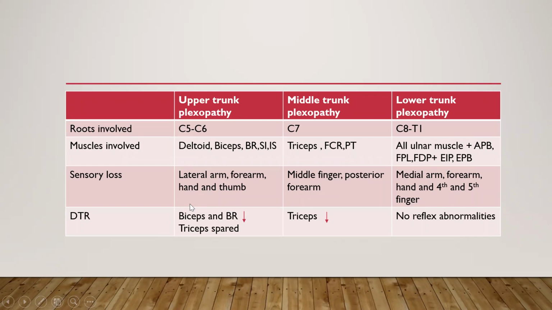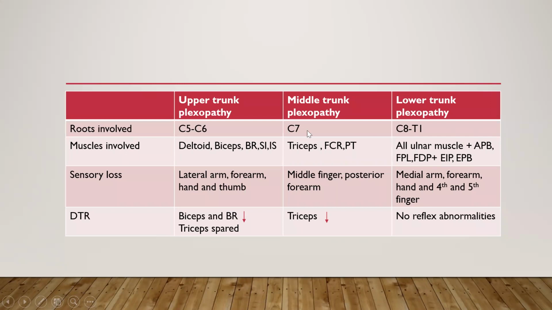Biceps and brachioradialis will be impaired, and triceps will be normal. Middle trunk is C7. Muscles involved are triceps, flexor carpi radialis and pronator teres. Sensory loss is over the middle finger and posterior forearm, and the triceps reflex is depressed.